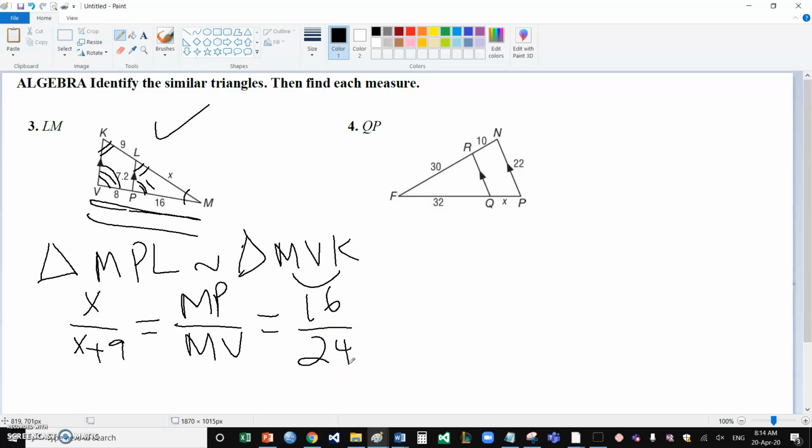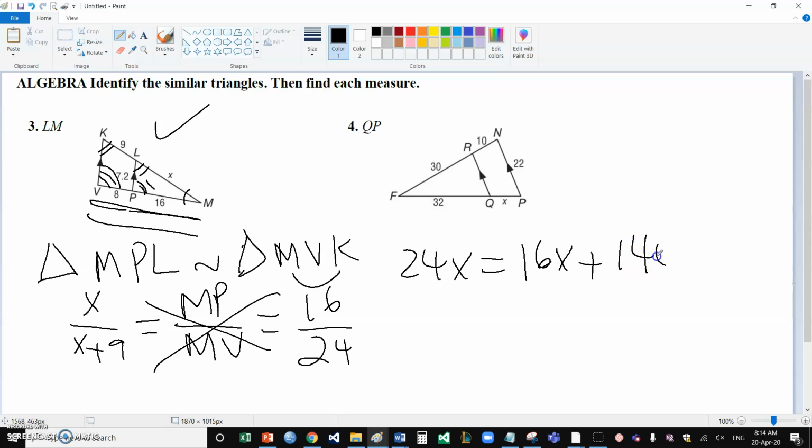So cross multiplication: 24x equals 16x plus 16 times 9, which is 144. 16 times 10 is 160 minus 16 is 144.